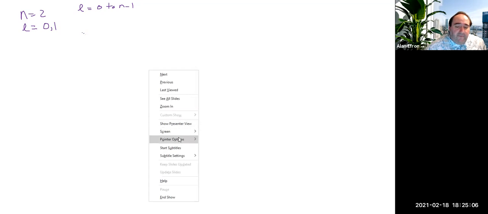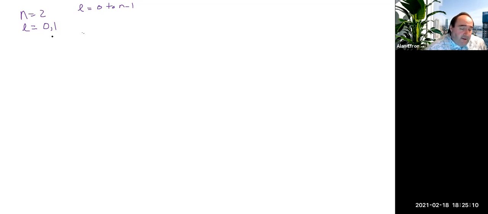If you remember, on the first energy level, we had just 0, but we actually now have a 1 there. So when we have an L value of 0, that represents an s orbital. When we have an L value of 1, that represents a p orbital. So that actually represents a p orbital in this case.